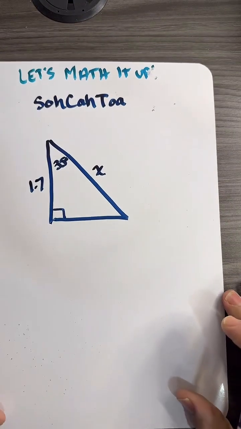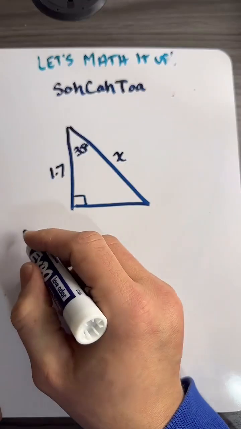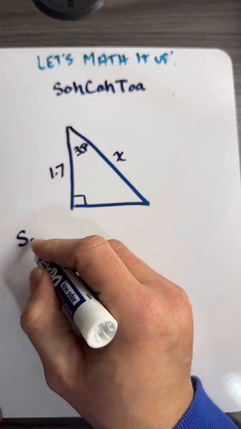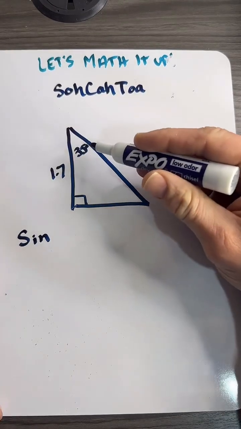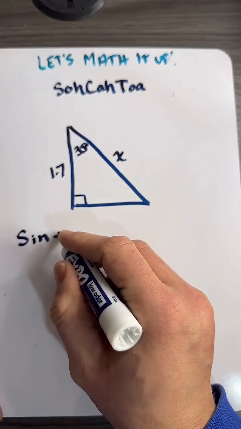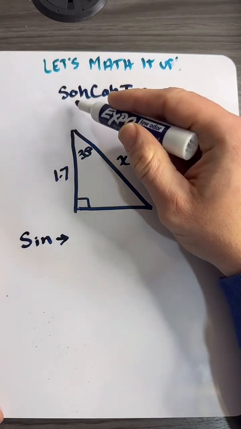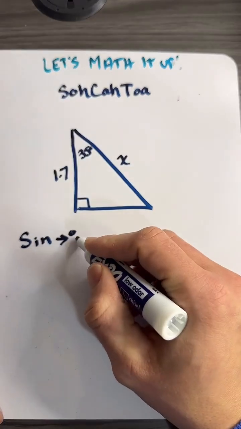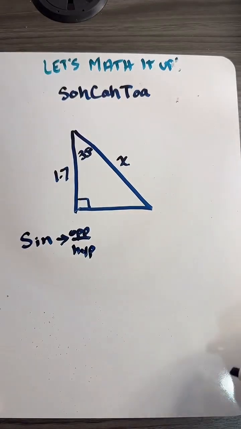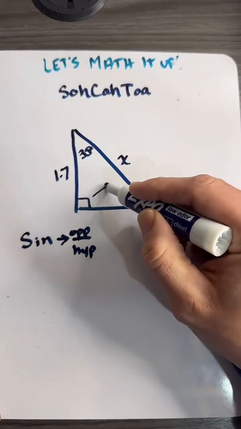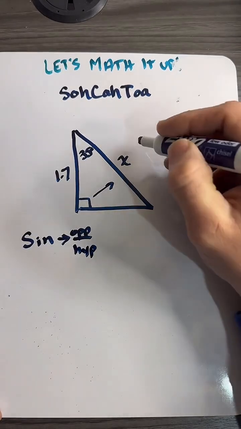All right. SOHCAHTOA. So what this means is the sine of an angle, right here 35 degrees, is always equal to the opposite over the hypotenuse. All right, now the question is, what is the hypotenuse? What is the opposite? The hypotenuse is always going to be across from the right angle.